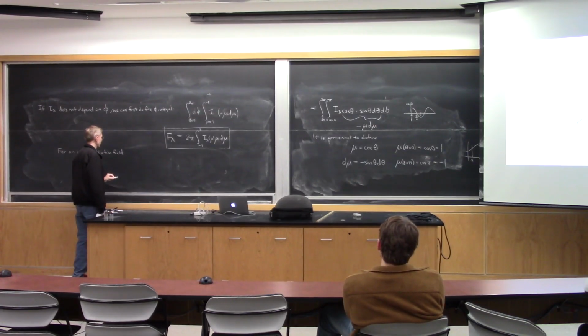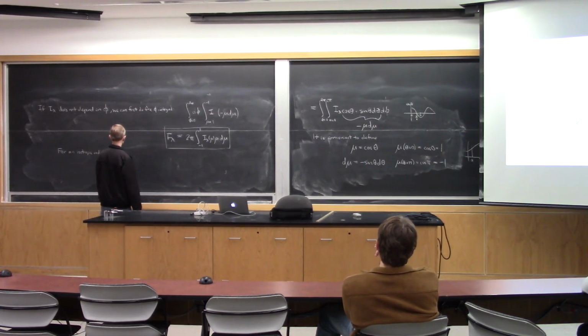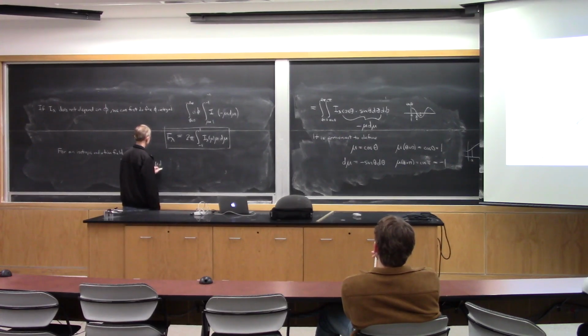So for an isotropic radiation field, we'll get F lambda is equal to 2 pi I lambda times the integral from -1 to 1 of mu d mu. What's that going to give?